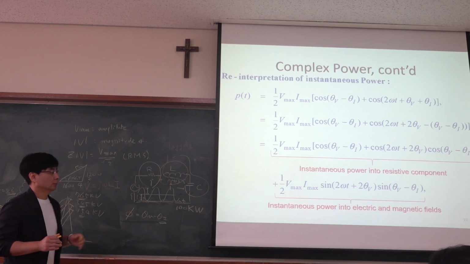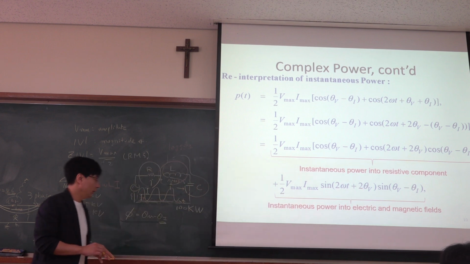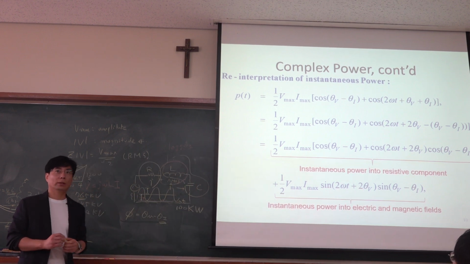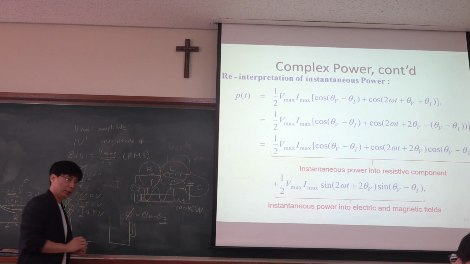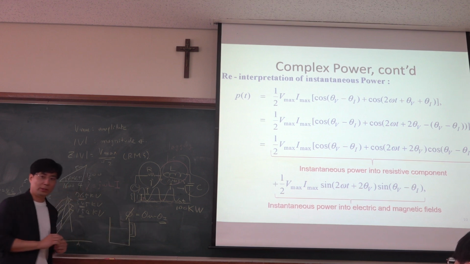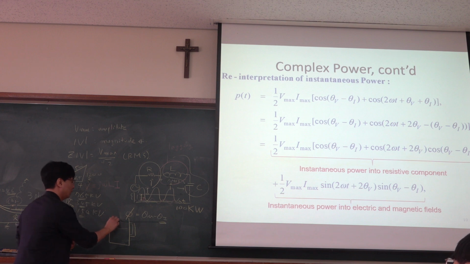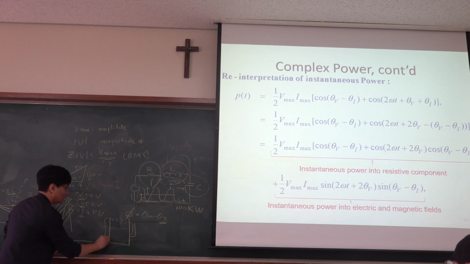I have said too much about this, but there is a very good analogy to understand reactive power. So we have a cup of beer, right? You have active beer, you have reactive beer, and this is the capacity.